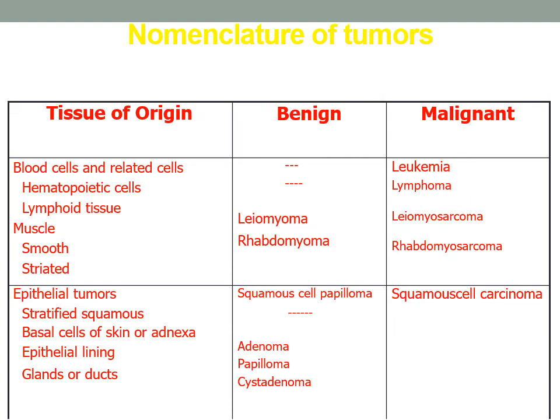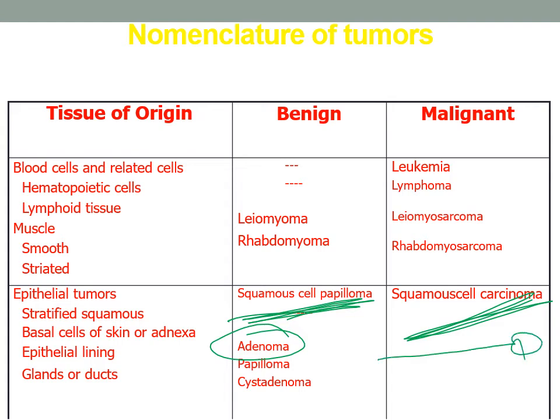In epithelial tumor, of course, we have squamous cell papilloma if they are finger-like projection, and we have carcinoma if they are malignant. We have adenoma if they are glandular origin, and we have adenocarcinoma if they are malignant.